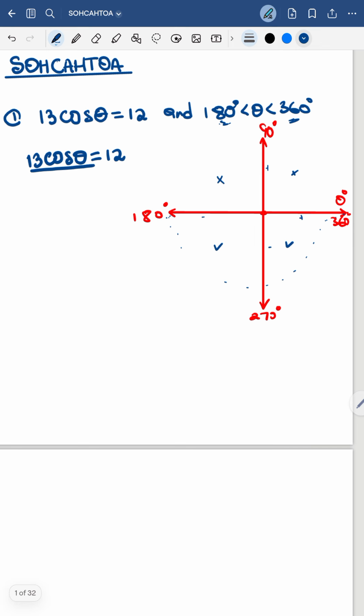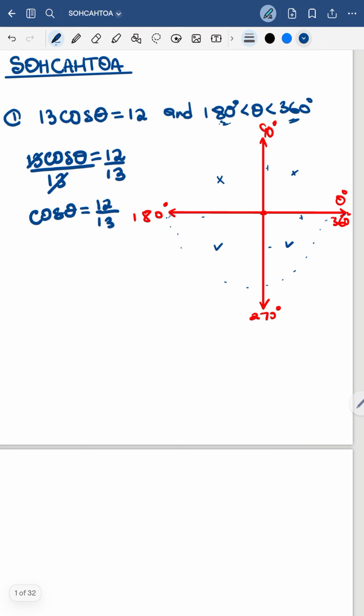So we divide both sides by 13 so that we have cosine theta alone. The 13s cancel, and you are left with cosine theta is equal to 12 over 13. This is how you get cosine theta as the subject of the formula.